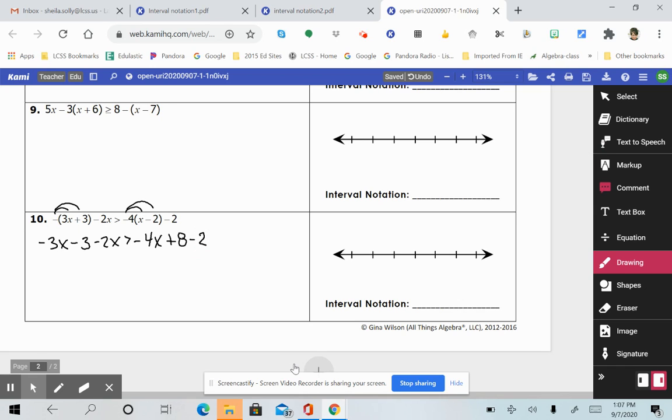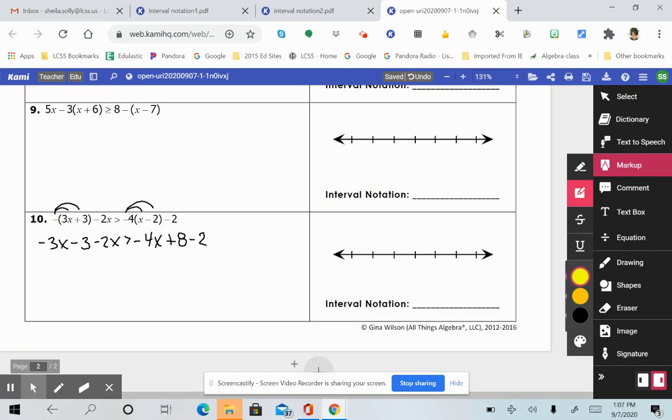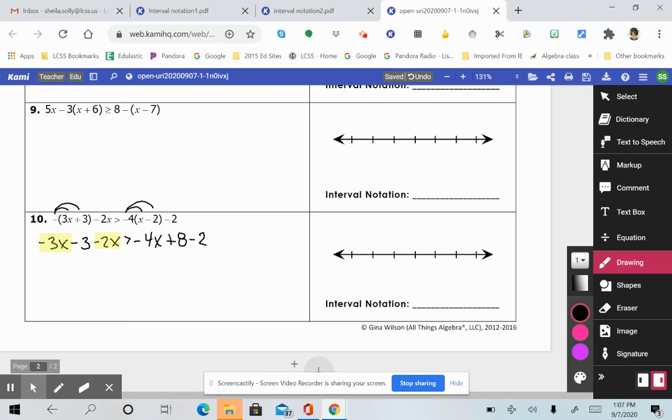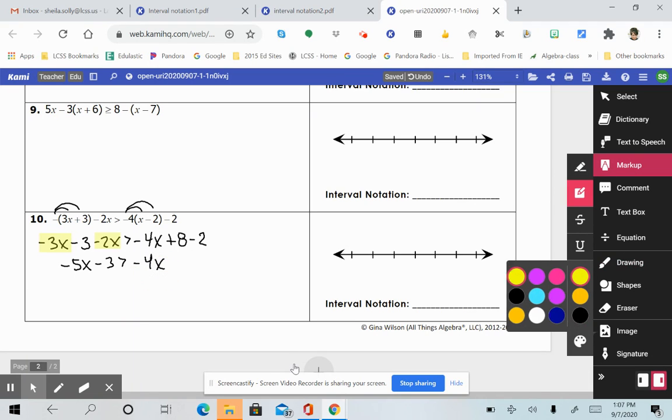Combine your like terms. On the left, we have negative 3x and negative 2x that need to be combined. So we have negative 5x minus 3 greater than. On the right, we have negative 4x. Now we want to combine our like terms here.